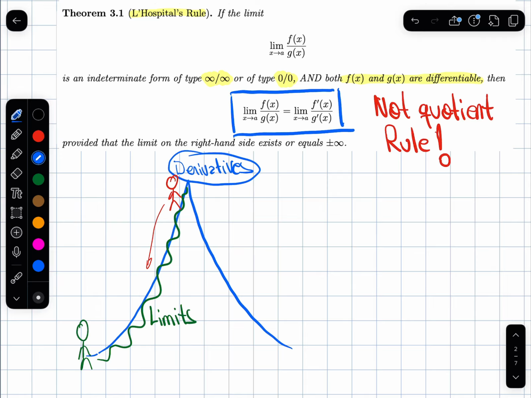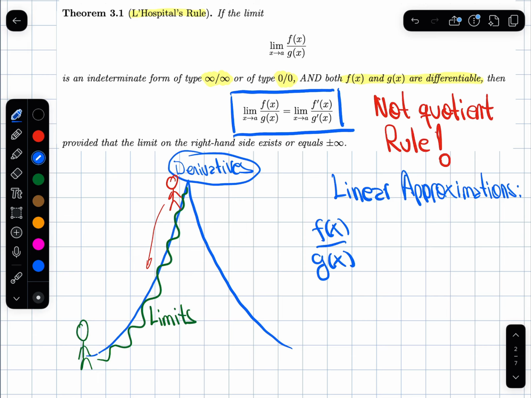The second thing that I'll say now is, again, why this is the case. And the idea is to use linear approximations. And this is not really a proof. If you want to do f of x over g of x, this is like an engineer's proof or something. The idea is that this is if x is near a, right?